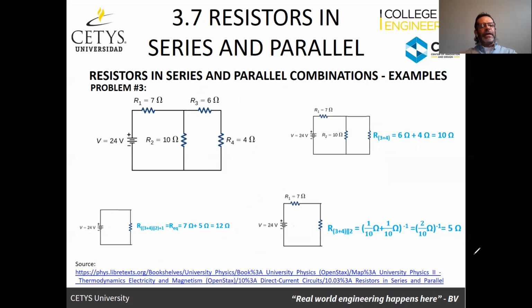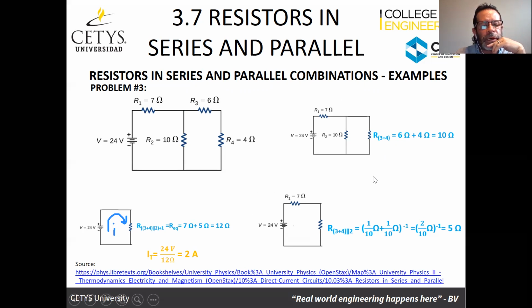So once we've found this, the next thing we're going to do is start finding each of the elements we want. Similar to the other, once we have this equivalent circuit, there's going to be a current here. That's going to be the total current for the circuit, and we can find that using Ohm's law. I called it IT.